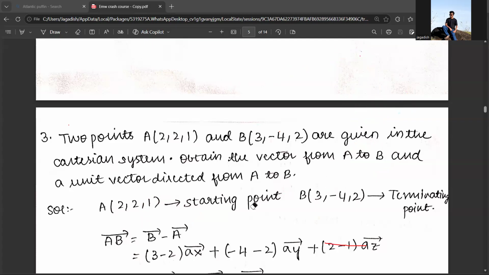Tell me the complete vector AB. So 3 minus 2 AX, plus minus 4 plus 2 AY, minus 4 minus 2. Tail minus head, right?